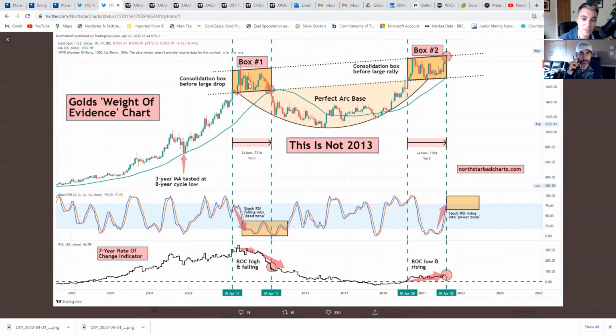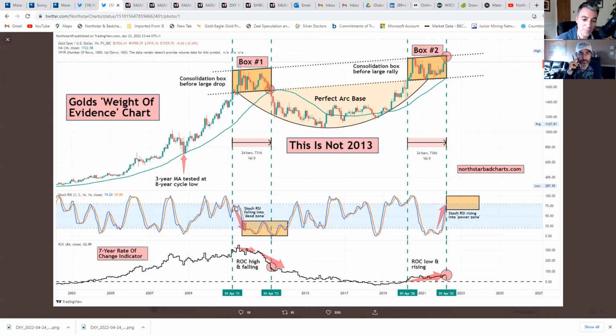So that's one difference straight away, is that we're arriving in box number 2 and we haven't made the sort of gains that we had when we arrived in box number 1. And also in box number 1, well, okay, I'll go back to stock RSI, which I was about to talk about.